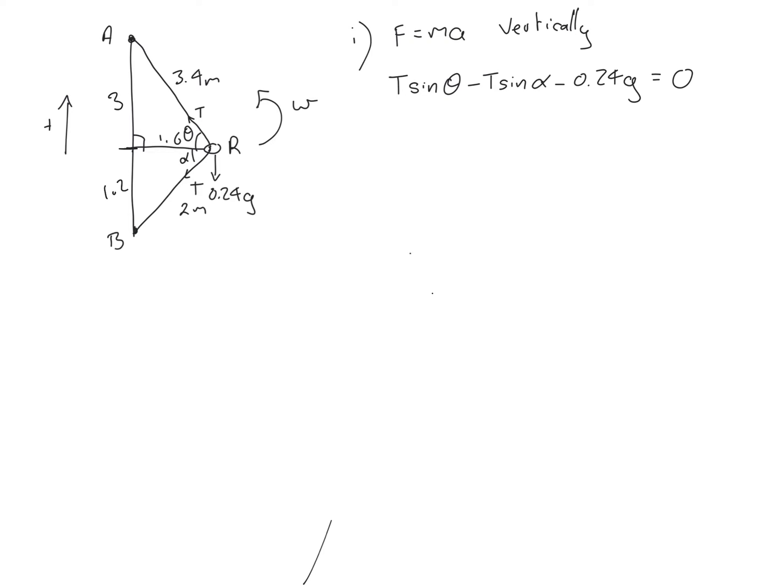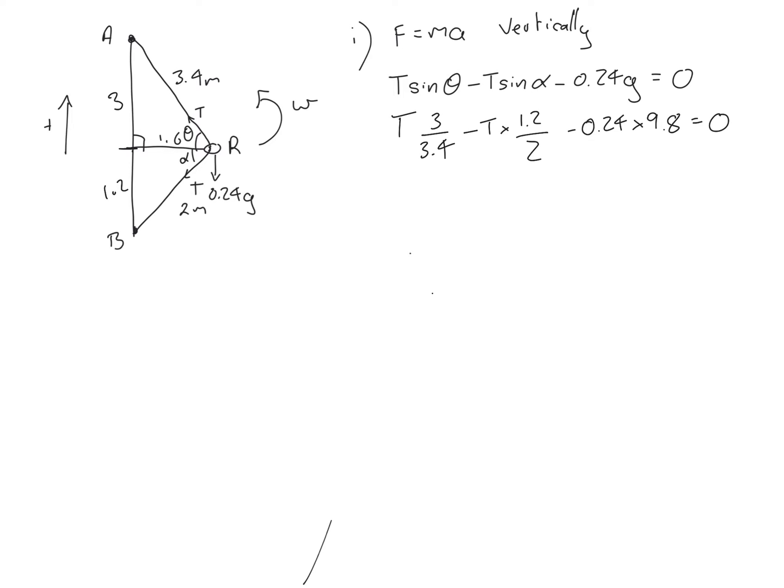So I now know that T sine theta, sine is 3 over 3.4, minus T, do you see how I've avoided going via angles? Sine is, and I know some of you were doing this, 1.2 over 2 minus 0.24 times, there was a 9.81 person, please use 9.8 in maths.